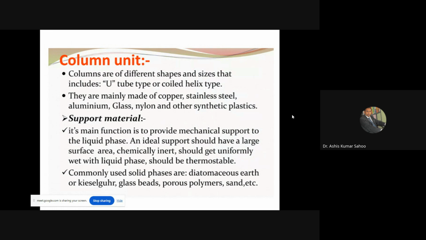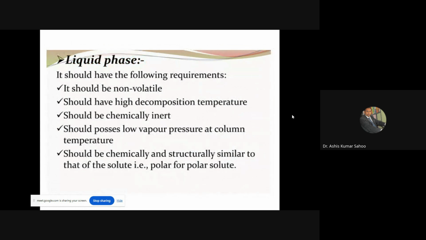The liquid phase should meet the following requirements: it should be a non-volatile liquid, have a high decomposition temperature, be chemically inert, possess a low vapor pressure at column temperature, and be chemically and structurally similar to the analytes.